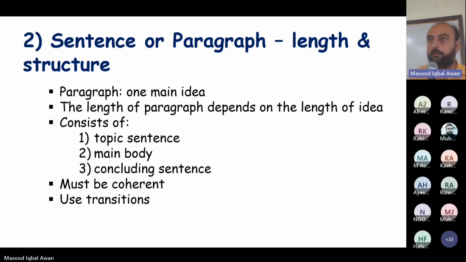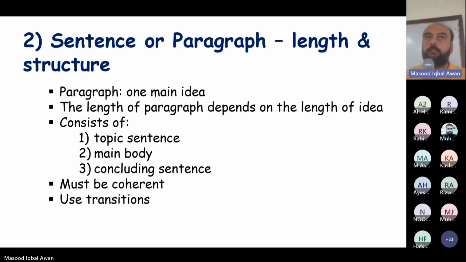There are three main parts of a paragraph, which are a topic sentence or the opening sentence, which should start with the most important thing. You need to mind the order. Then there is main body of the paragraph, and then there is a concluding sentence.